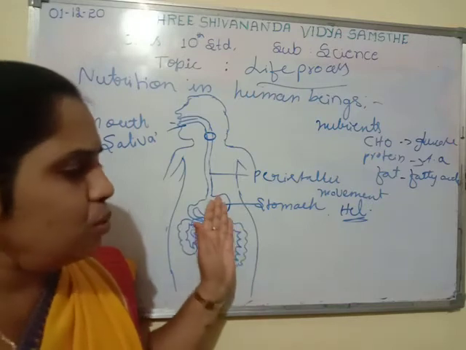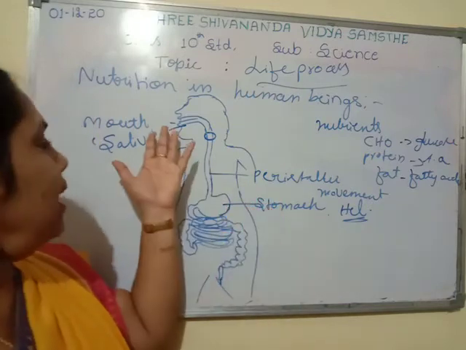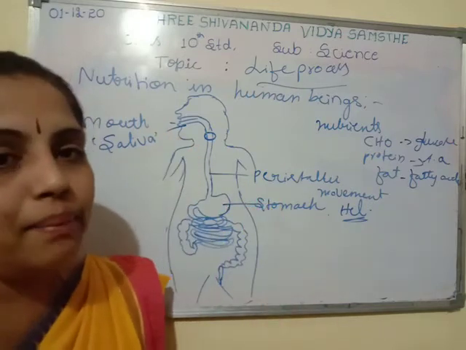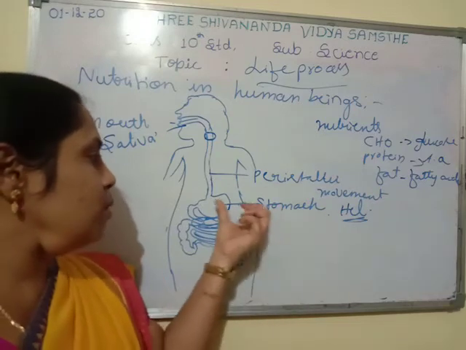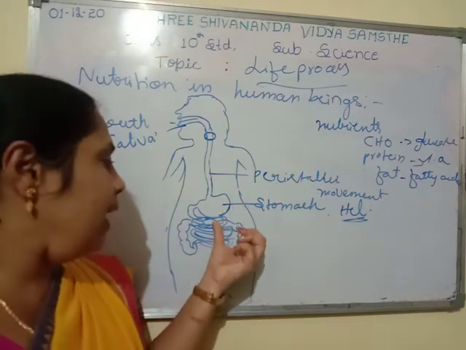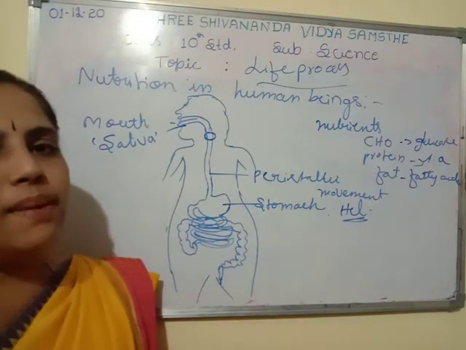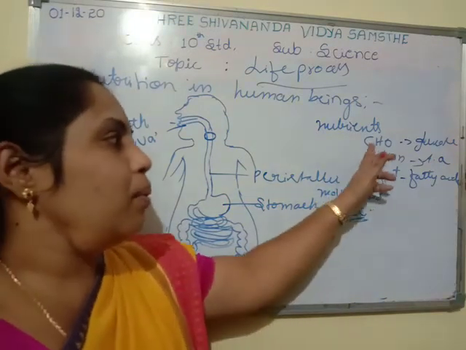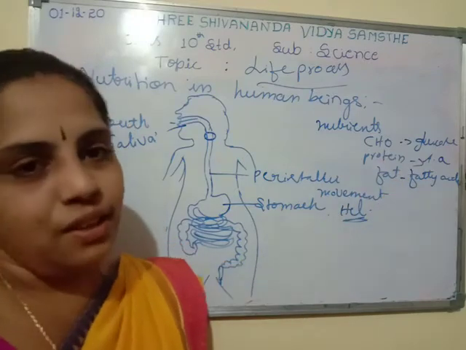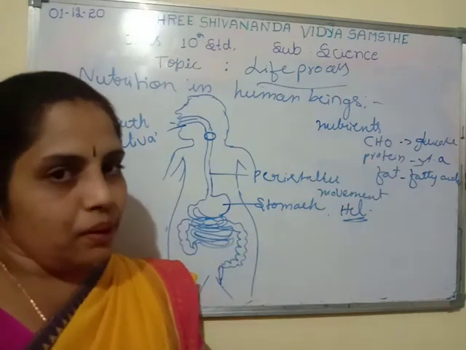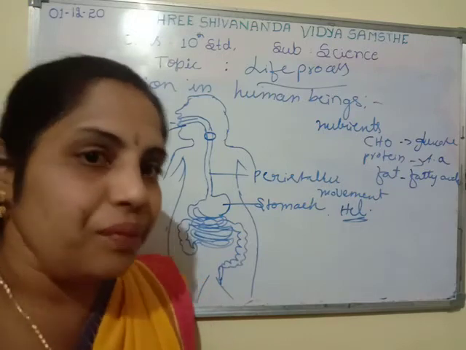There are so many enzymes. Saliva is also a kind of enzyme. Enzymes are also present in the stomach as well as in the small intestine. Different kinds of enzymes break up the carbohydrates, proteins and fats. Each one has a different enzyme to break it up.